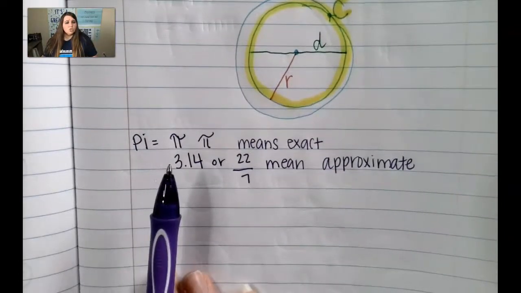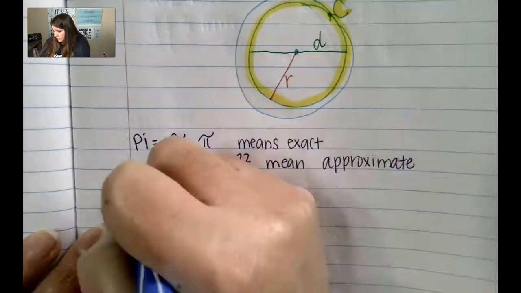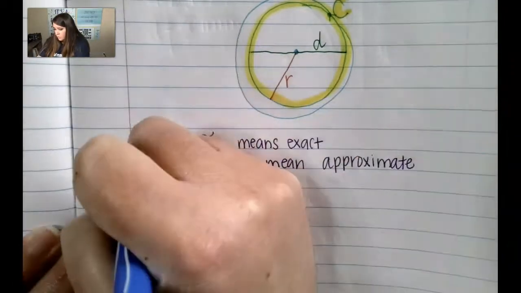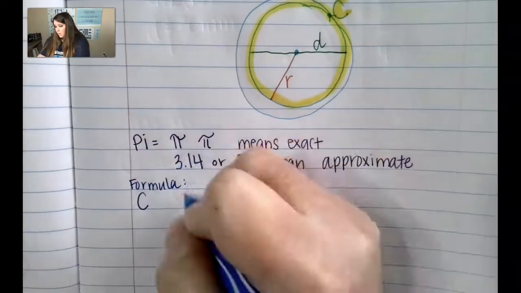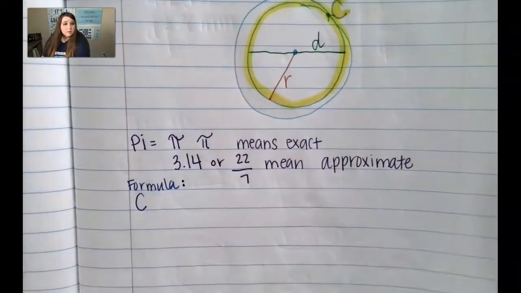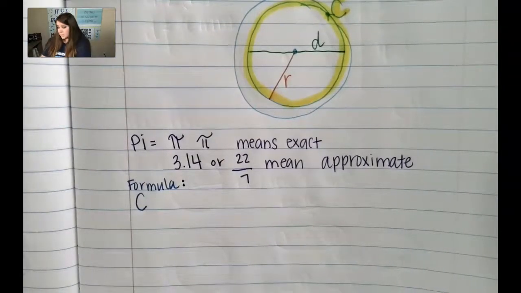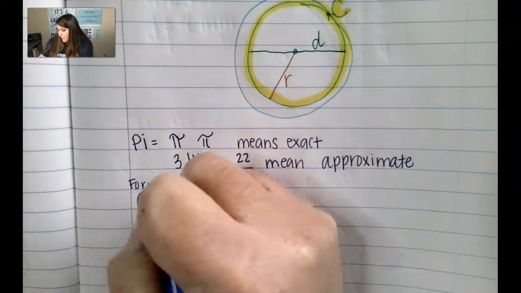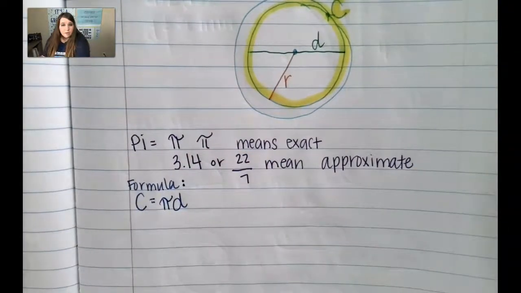So in order to find the circumference of a circle, we're going to use some formulas, okay? So the first formula that we can use for circumference is pi times the diameter, okay?